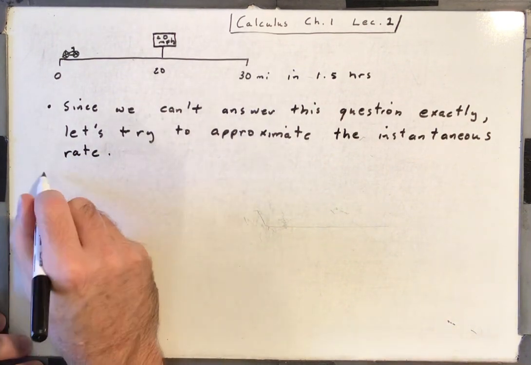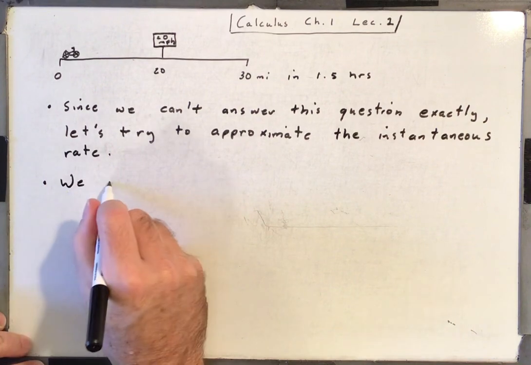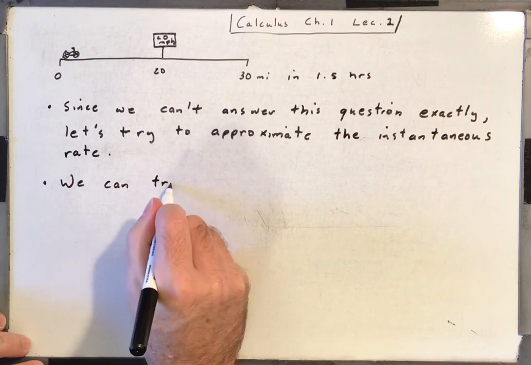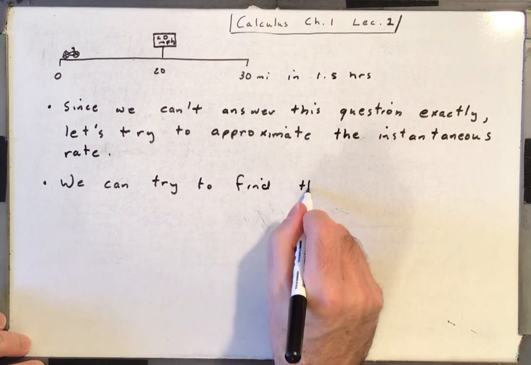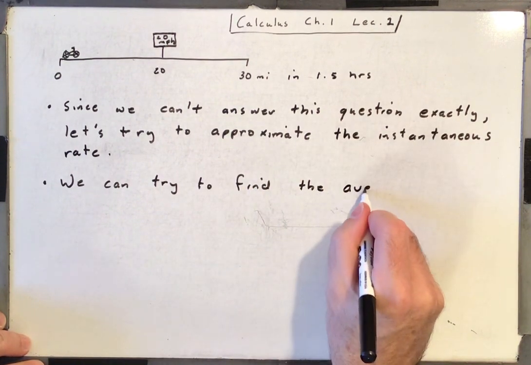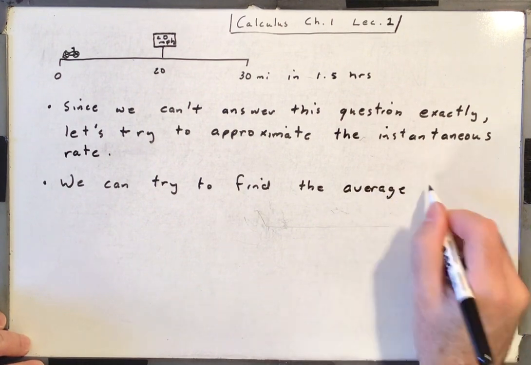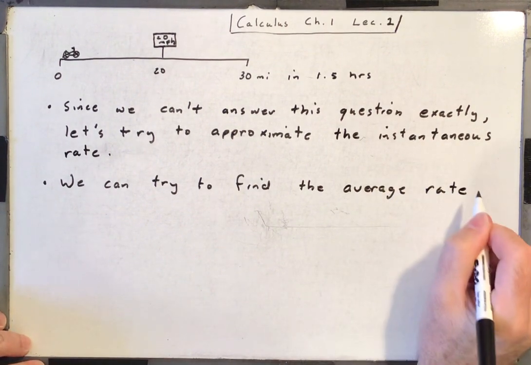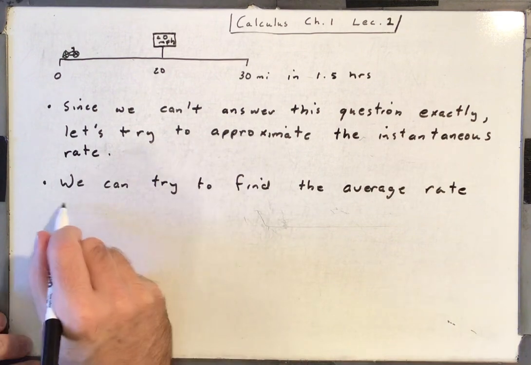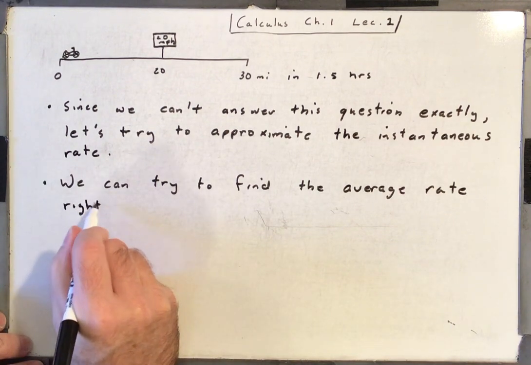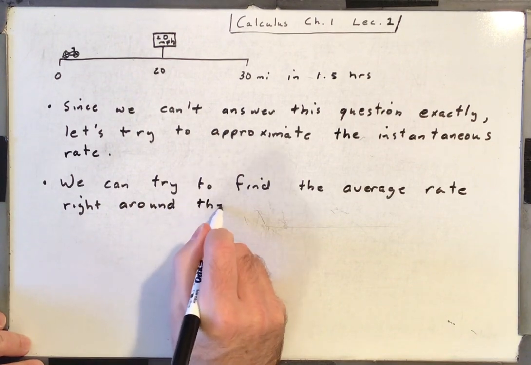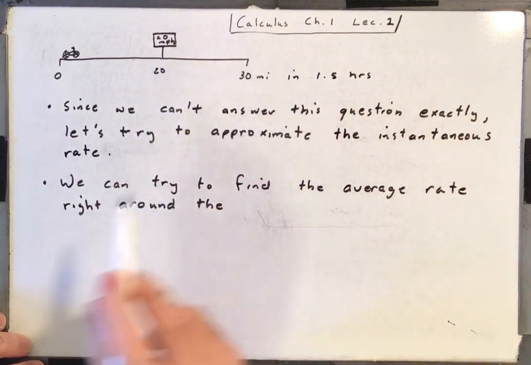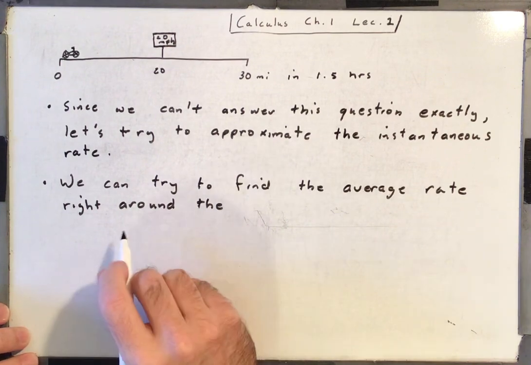All right, so we can try to find the average rate, because we know how to do that, right around the 20-mile-an-hour sign. Like real close to it. Not exactly on the post, but just to each side of the post.